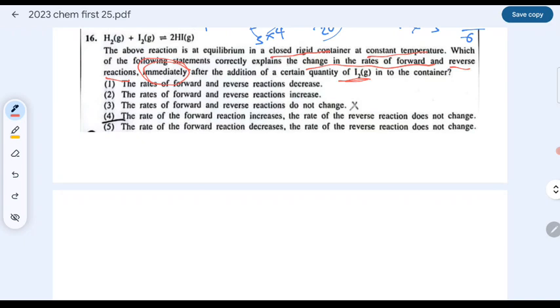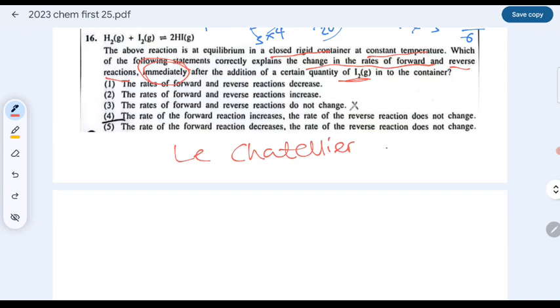Now, if we add a certain quantity of I2 to the container, what is the immediate change in the rates of forward and reverse reaction? Right. Now, this is in an equilibrium, so we have to use the Le Chatelier principle here.